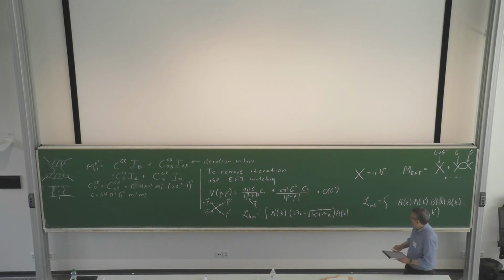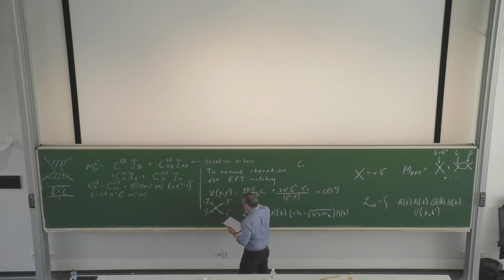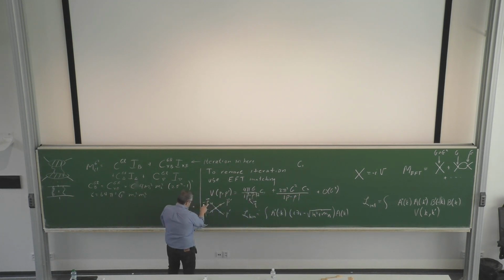So in fact, the one that is a good one is, before we, if everything is on shell, see, if this is on shell, let's say that you're looking at the potential, this is on shell, this is on shell, there's energy conservation, so you get that P squared equals P prime squared, so there's no difference between the P and P prime except the direction, right?